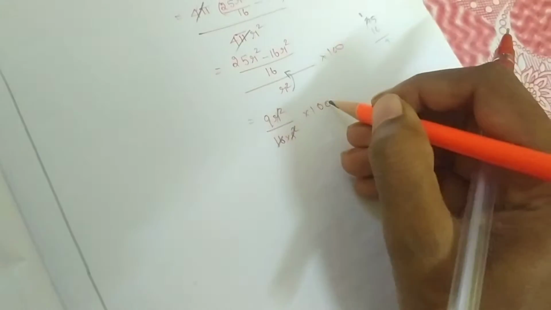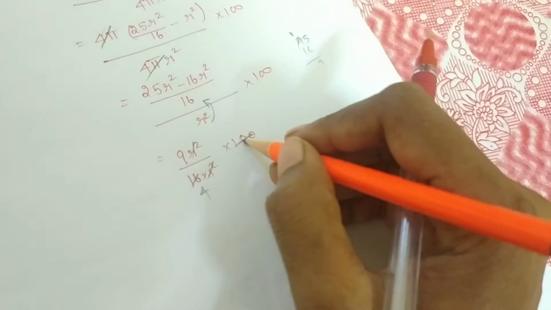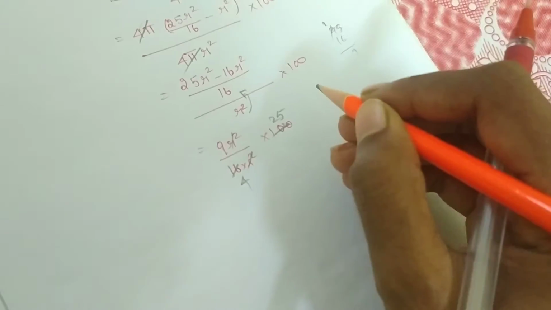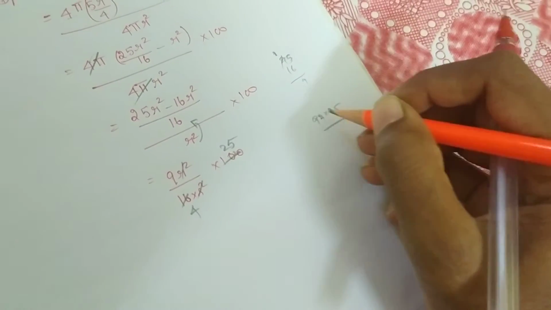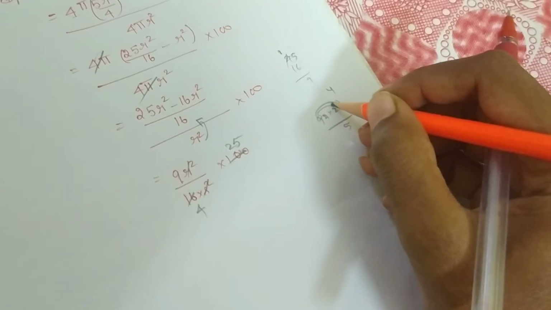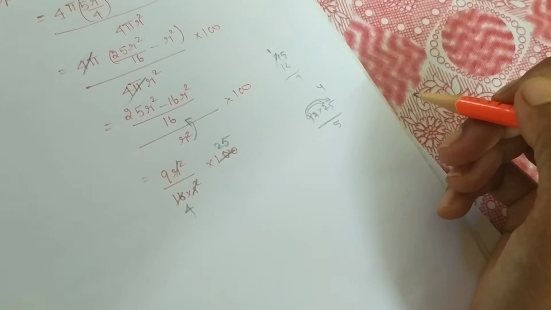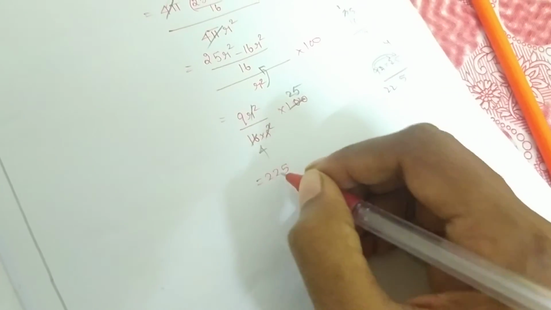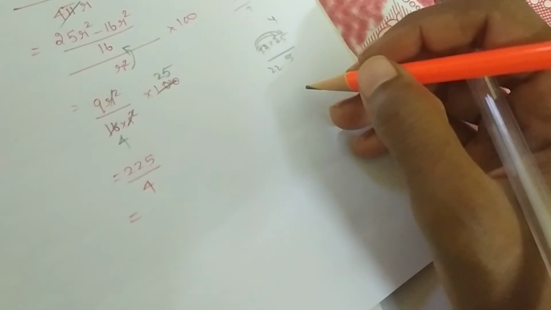So I can cancel: the 4 table in the 16 and 100. 16 is 4 times 4, and 100 is 4 times 25. So 9 into 25 is 225, giving 225 by 4.